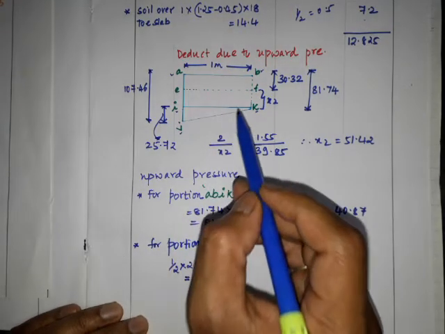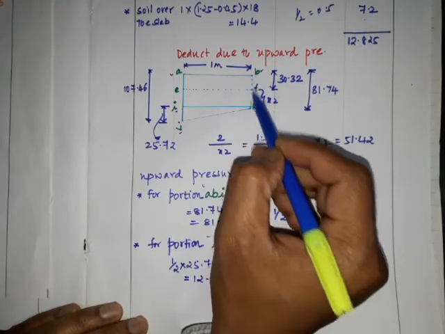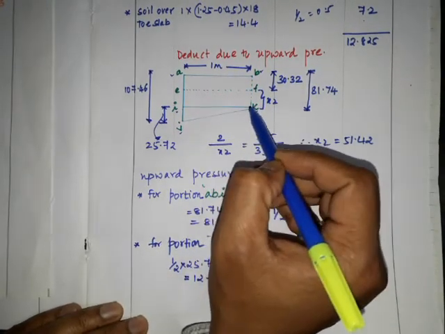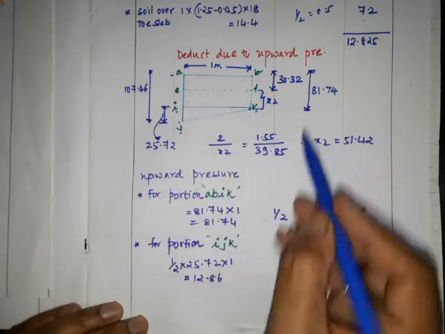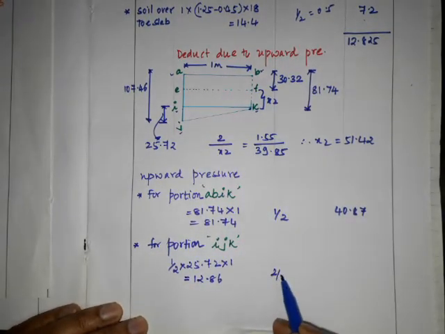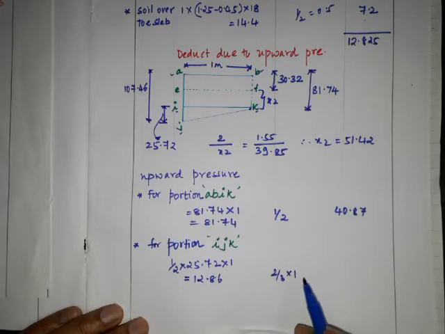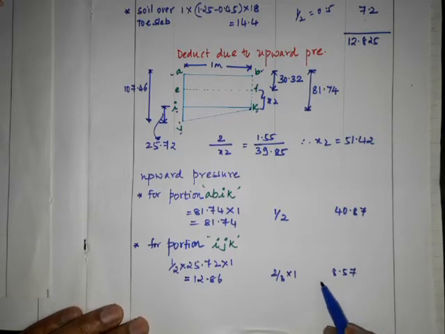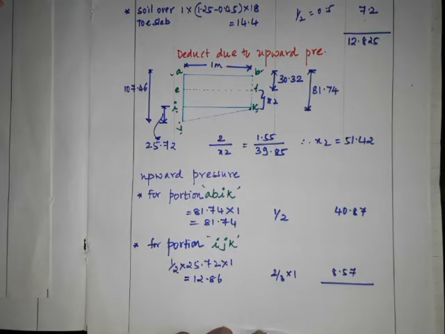And we are considering moment about B, so about this face. So from the apex it is 2/3 of 1, so that is 2/3 of 1. So we get the final moment as 8.57. So the total moment due to upward pressure is 49.44.